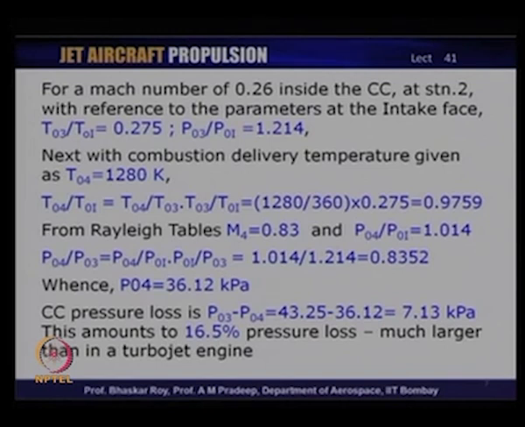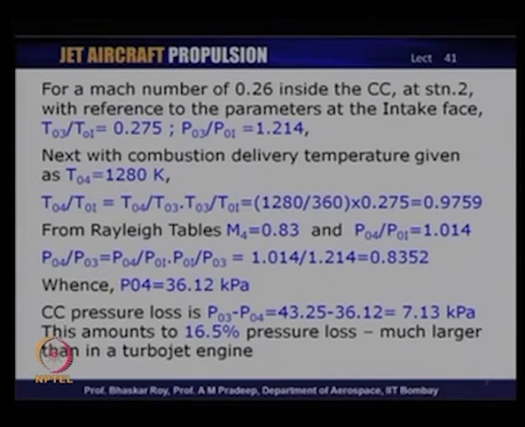Now, this is what you get from the Rayleigh tables or Rayleigh relations, and as a result one can say that the combustion chamber pressure loss, that is P03 minus P04, would be 43.25 minus this 36.12 that we have found just now, and the pressure loss is 7.13 kilopascals.